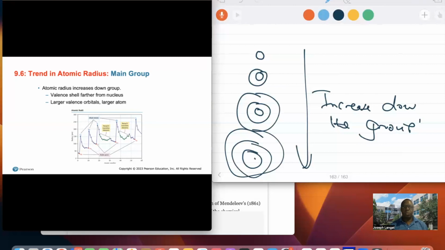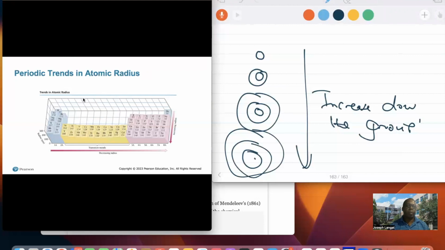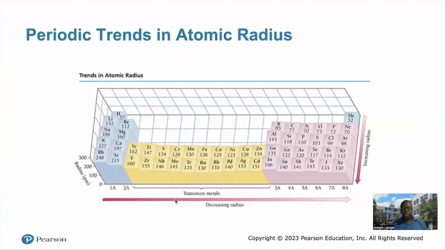You should be well-rounded in all those kinds of questions. Remember the general trend on atomic radius. The picture here illustrates the trend: as you go across the periodic table, it decreases.